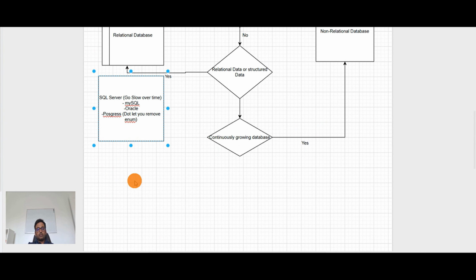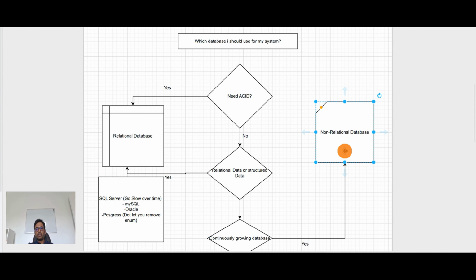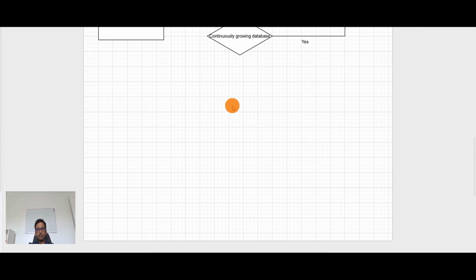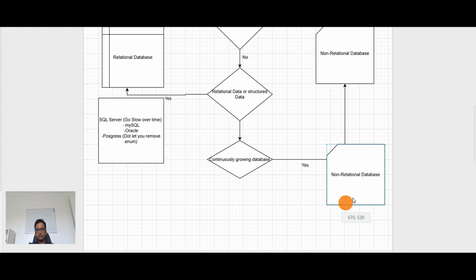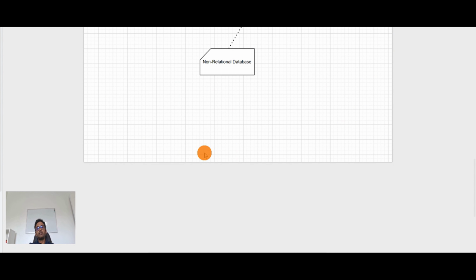Now the interesting thing is the non-relational database. There are different types of non-relational databases out here, and depending upon our need, we can choose the most suitable one for our application. Here are a few examples.